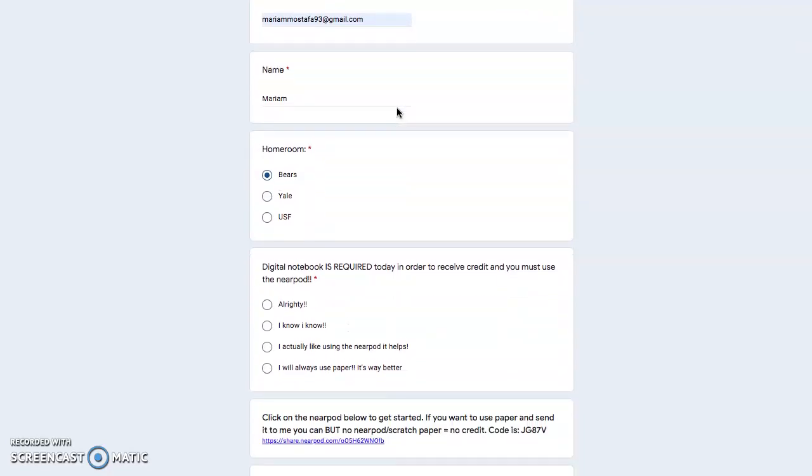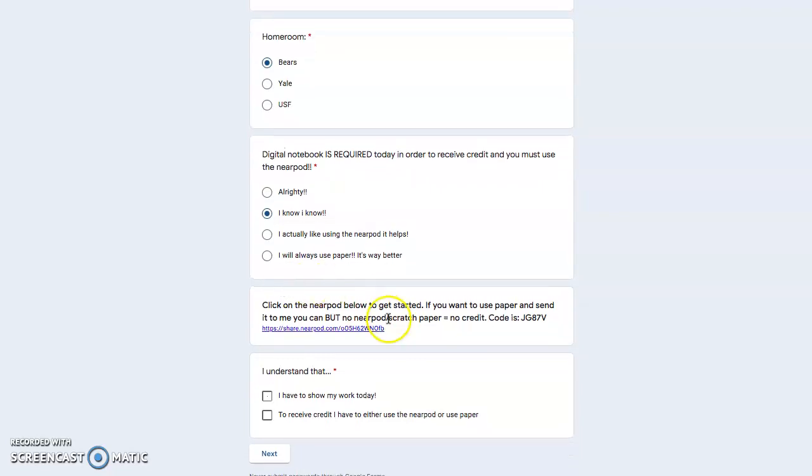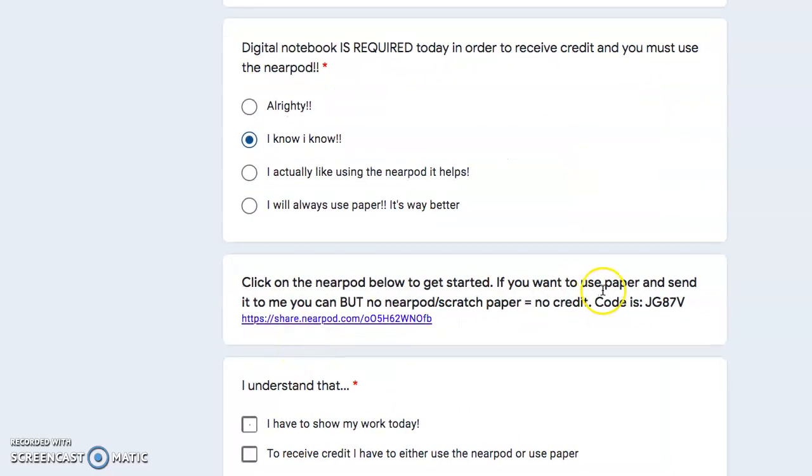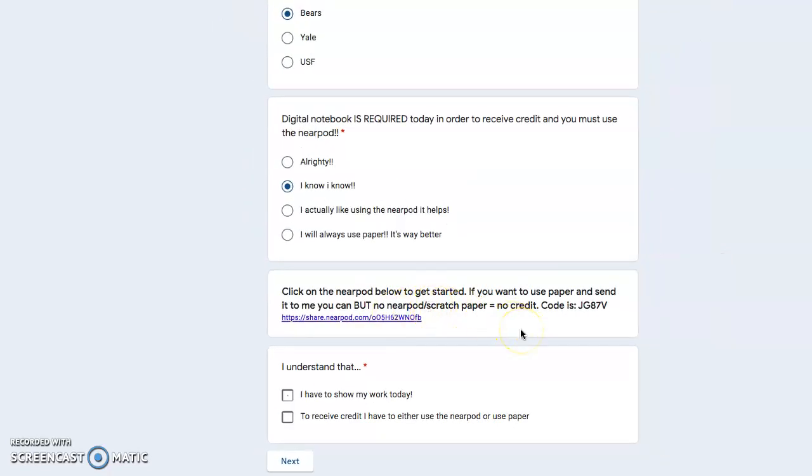So, a few things before we get started. Yes, you have a digital notebook, you're used to it by now. To get started, just click on this Nearpod code right over here, or you could just type in the code for the Nearpod, whichever. But as stated, if you want to use paper and send it to me, you can, but no Nearpod or scratch paper means no credit.